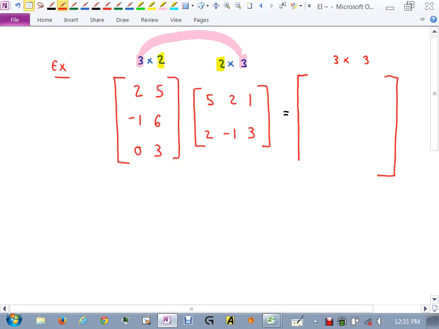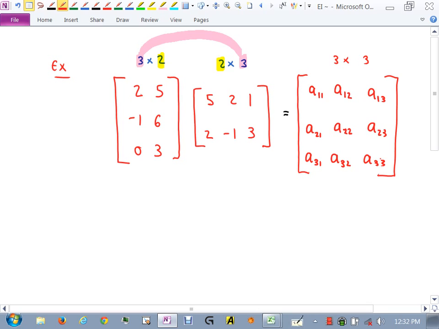Y'all still with me or not? So if it's a 3 by 3, then I'm going to have an A11, an A12, an A13, an A21, A22, A23, an A31, A32, A33. Oh, I have 9 answers to get here.